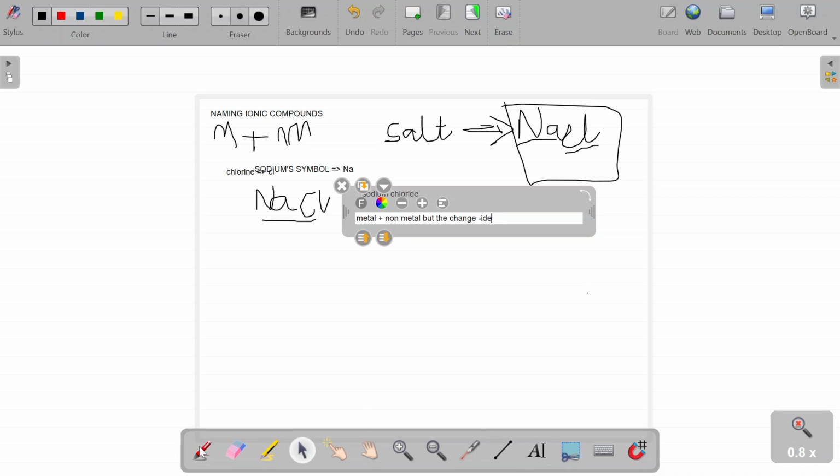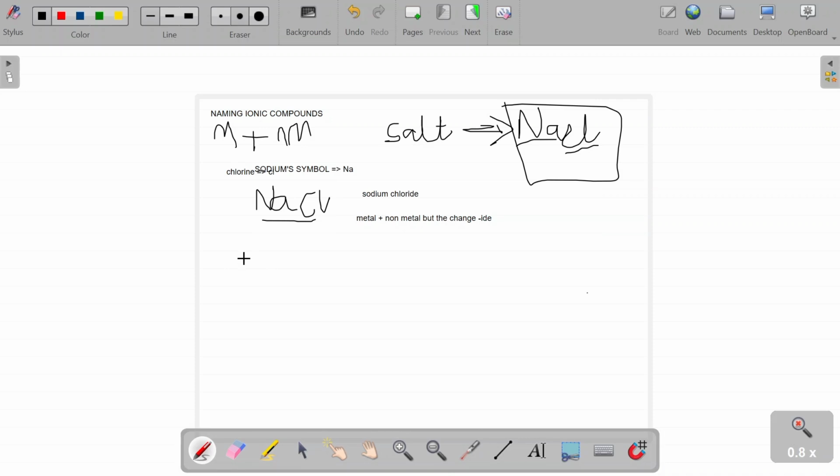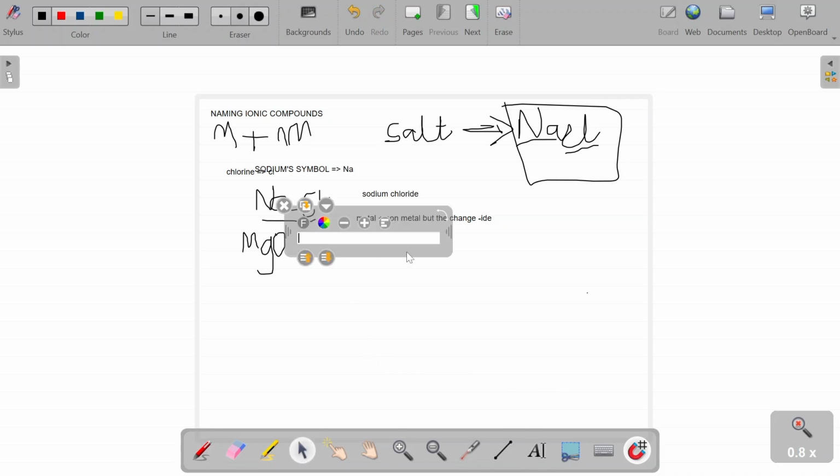Now if we were given a compound's symbol that looks something like this, MgO. Following the format again, what do we do? Mg is the symbol for an element called magnesium. It's a metal, by the way.